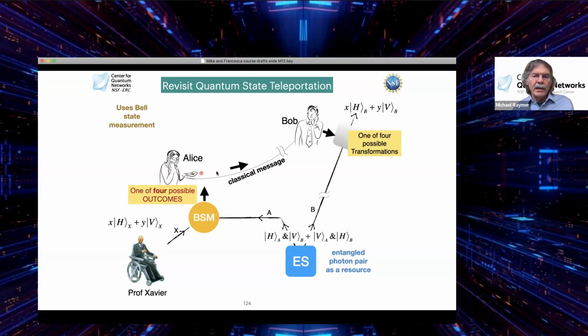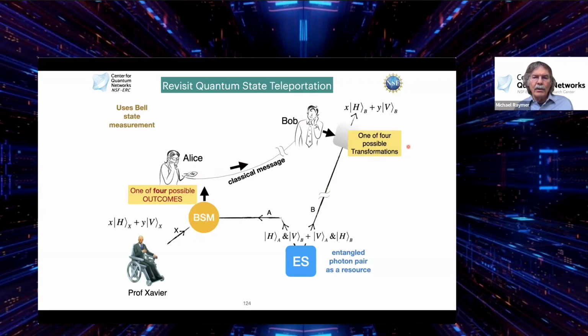So she takes that information, sends it classically to Bob, and then Bob receives the B photon and then carries out with some kind of a device one of four possible transformations. And these transformations are just essentially rotating the photon polarization in a certain way. You know, it could be vertical, it could be 30 degrees from vertical, it could be minus 75 degrees from vertical.